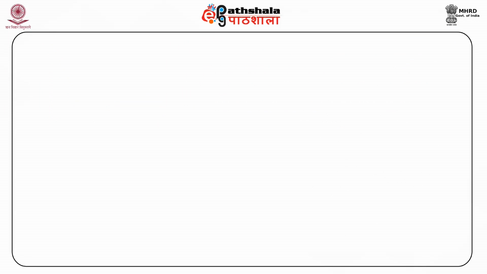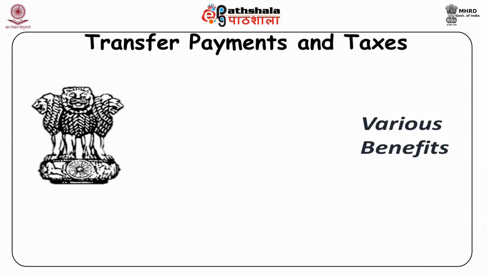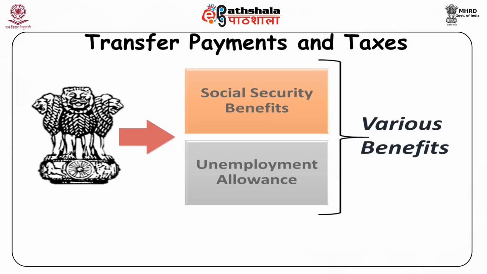Another component is transfer payments and taxes. The transfer payments, denoted by TR bar, are unilateral payments made by government in the form of various benefits and allowances, such as the social security benefits or unemployment allowance.